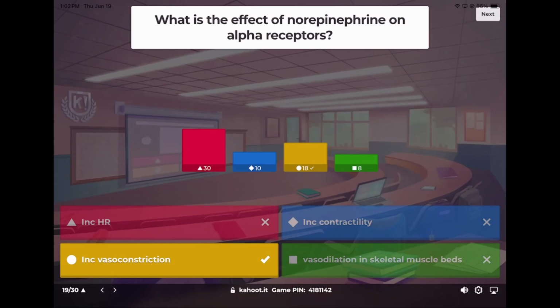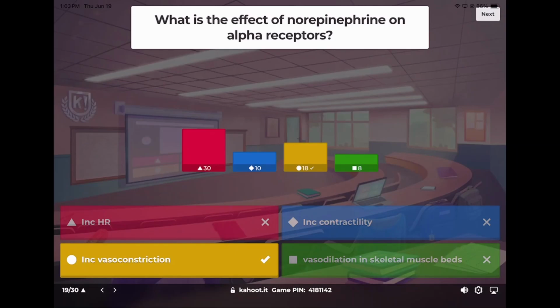So, increase heart rate. Will norepinephrine increase your heart rate? Yes. What does it have to bind to? Beta receptors, not the alphas. Increase contractility. Is that an alpha or a beta? Beta receptor will increase contractility. Contractility is a heart property.